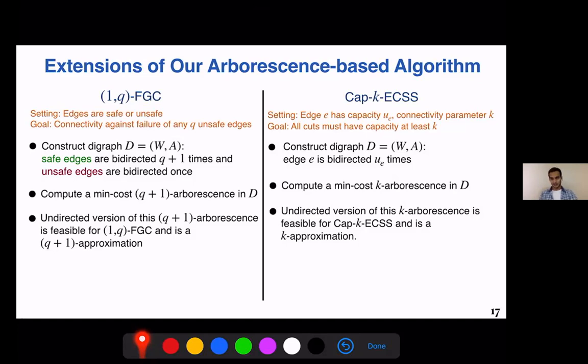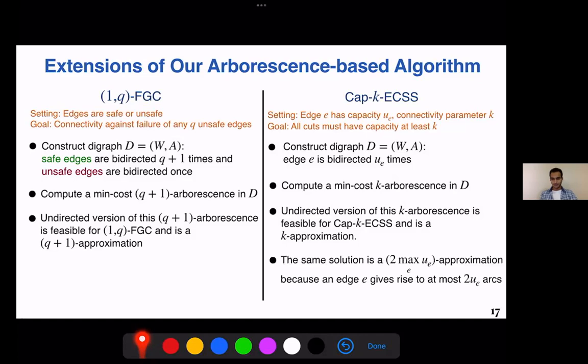And the solution is a k approximation. Furthermore, the same solution also satisfies the approximation guarantee of 2 times the maximum edge capacity. This is simply because an edge e gives rise to at most 2 times u_e many arcs, by the way the digraph was constructed. So overall, we get an approximation ratio which is the better of these 2 terms.